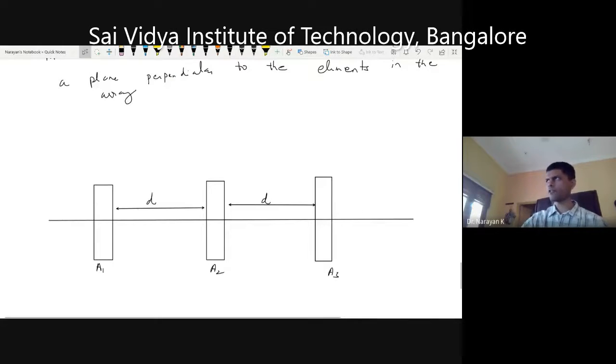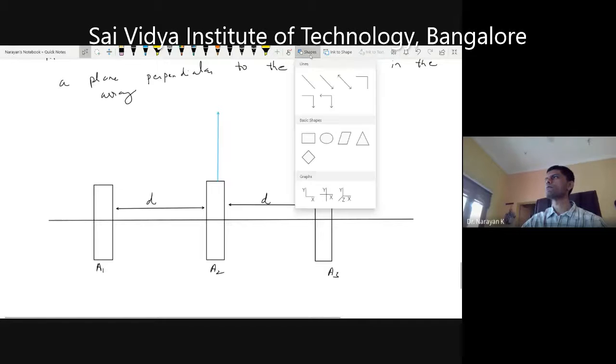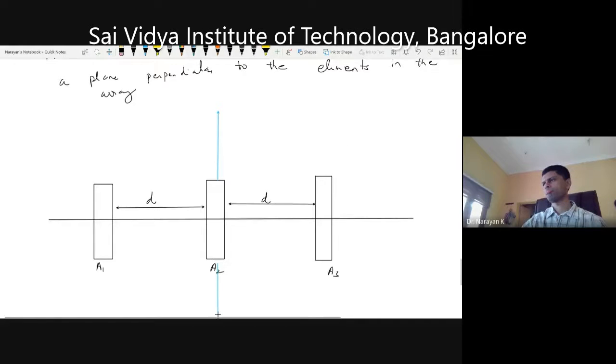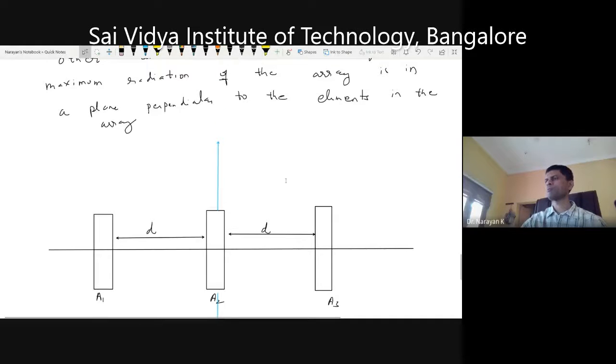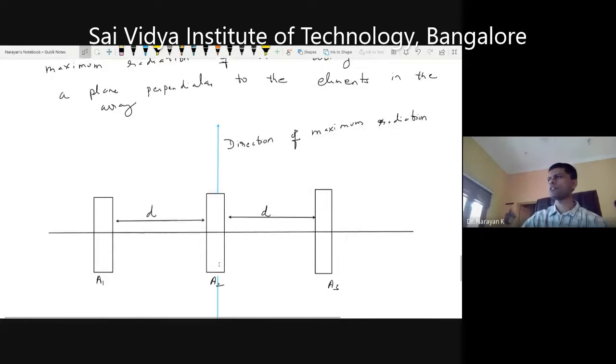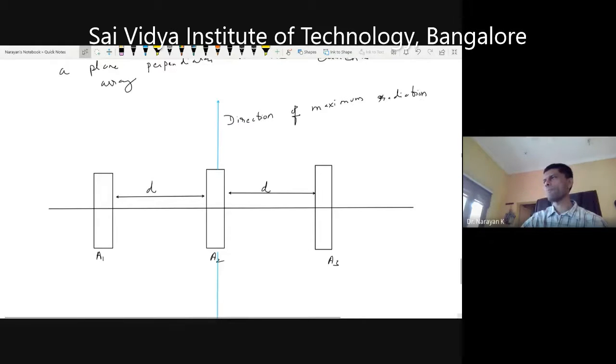So your direction of maximum radiation. Please remember, in case of broadside array, your direction of maximum radiation is always perpendicular to the plane containing the array.